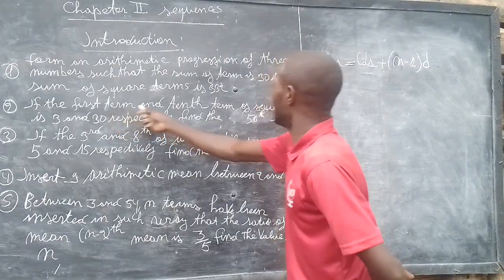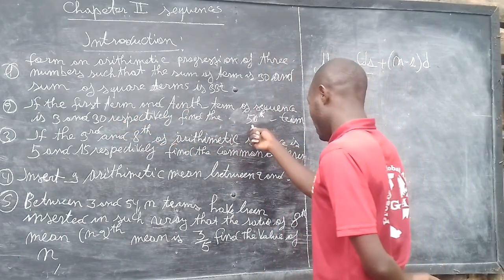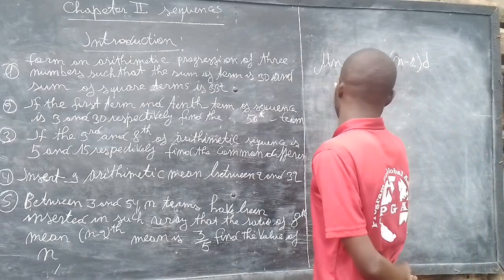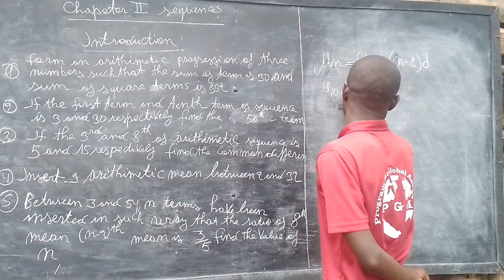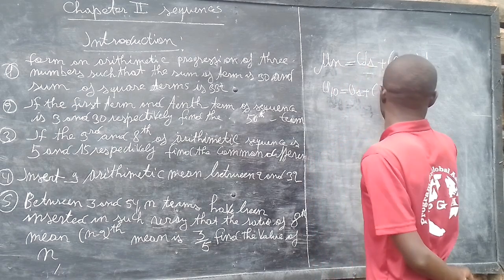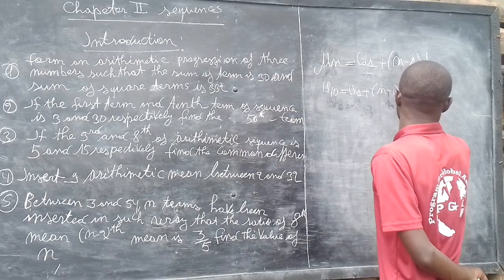So here we are given the first and the 10th terms, and we are asked for the 50th. So u10 equals u1 plus n negative 1 times d.